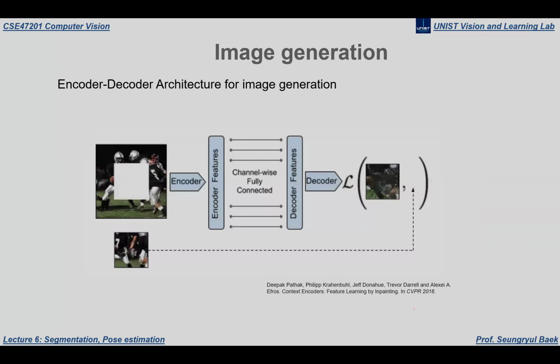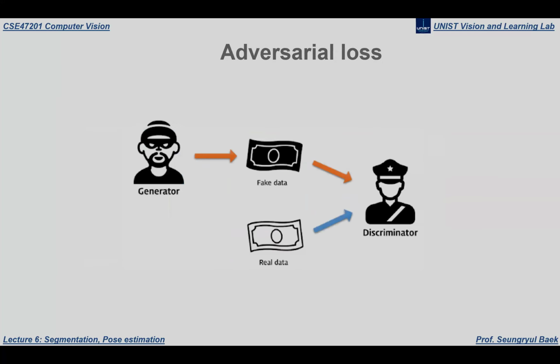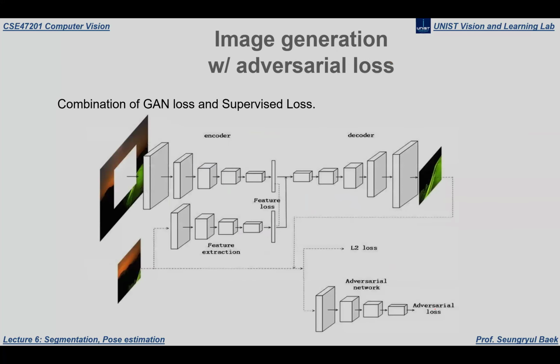And we also learned that this encoder-decoder architecture can be used in the image generation network as well. But nowadays, this part is replaced by the transformer, and the adversarial loss is also being replaced by diffusion losses because of the accuracy.